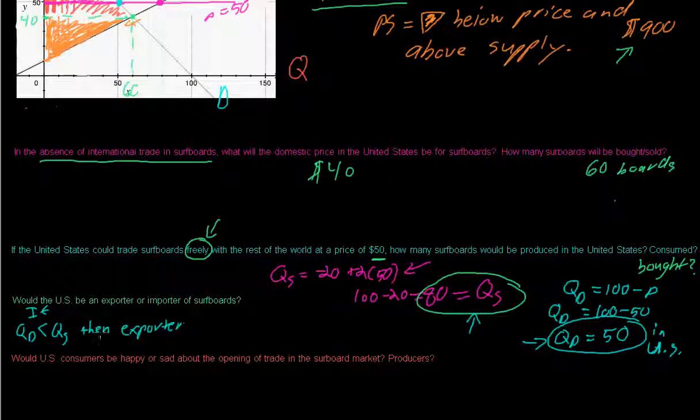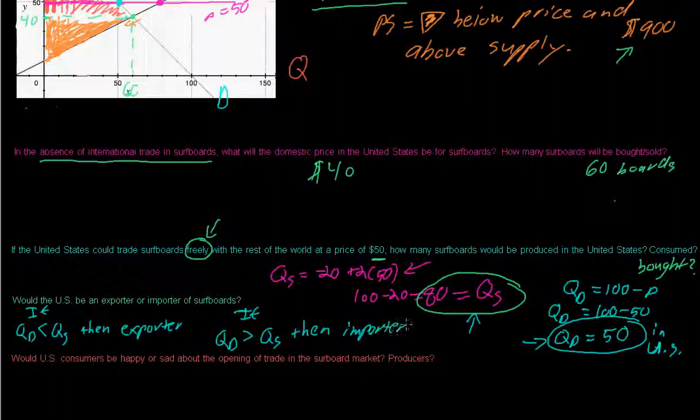So if the quantity demanded is less than the quantity supplied, which is exactly what we have here, 50 is less than 80, then the US will take those extra 30 surfboards and sell them somewhere else in the world. However, if the quantity demanded is greater than the quantity supplied, then you'll be an importer.